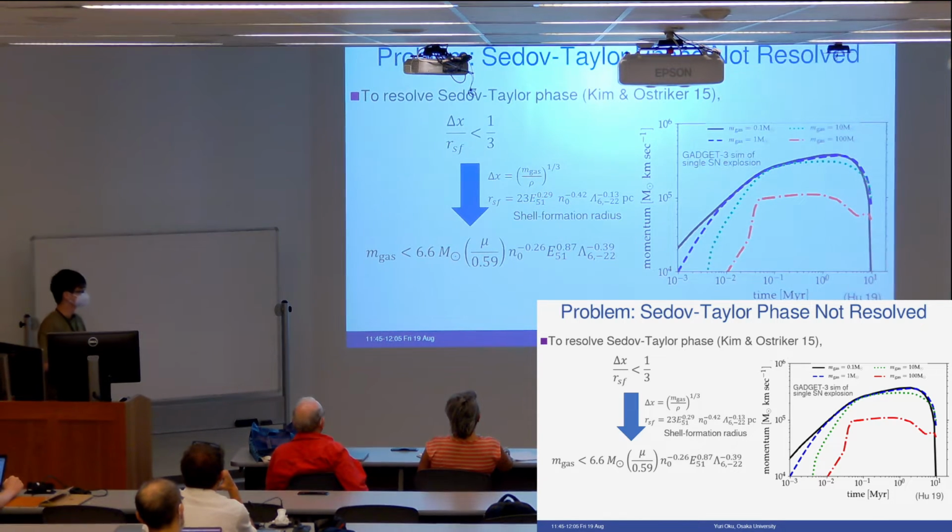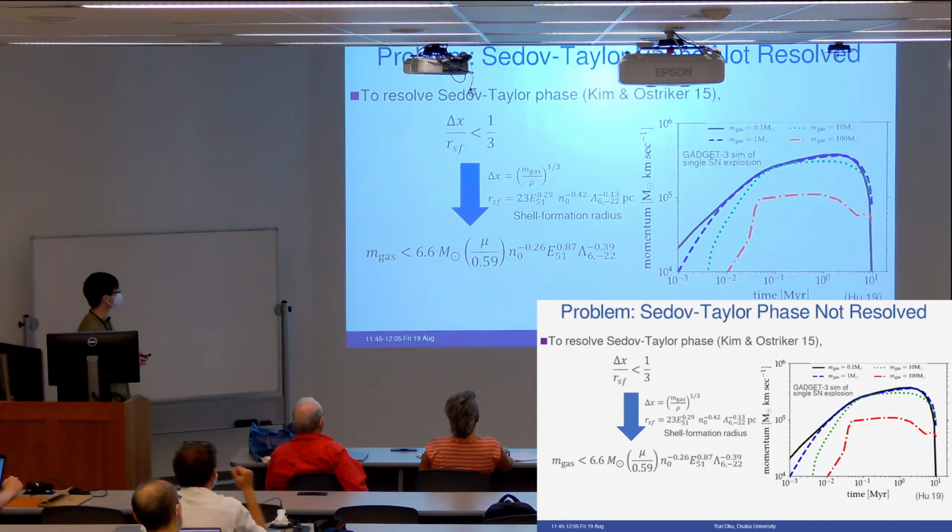It's a well-known problem that in galaxy simulation the resolution is low, so we cannot resolve the Sedov-Taylor phase. This is the criterion we need to resolve the Sedov-Taylor phase of a supernova remnant. Here I consider the case of SPH, where the resolution is like this, and R_SF is called the shell formation radius.